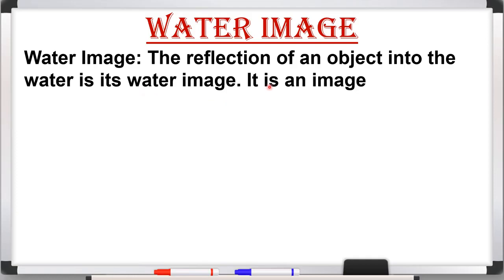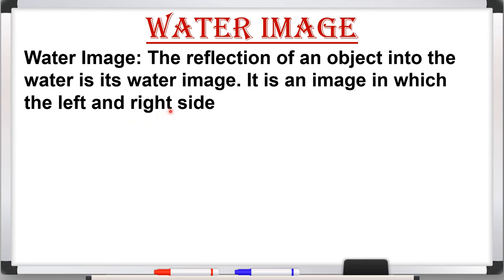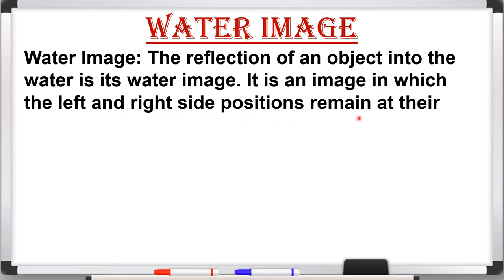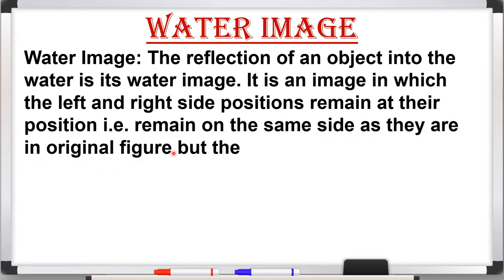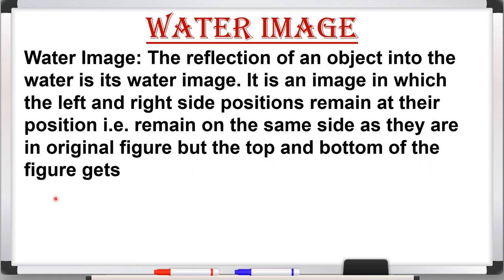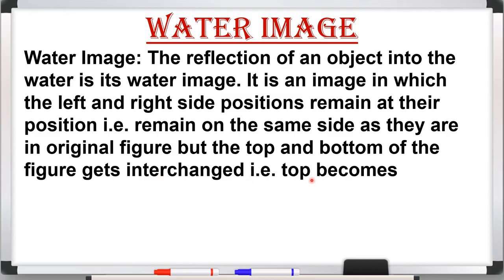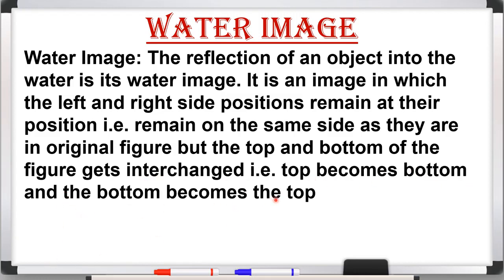It is an image in which the left and right side positions remain at their position, on the same side as they are in the original figure, but the top and the bottom of the figure get interchanged. For example, top becomes bottom and the bottom becomes the top.